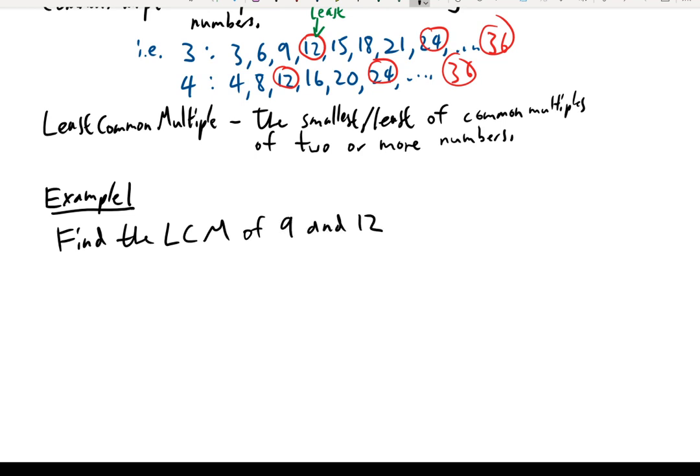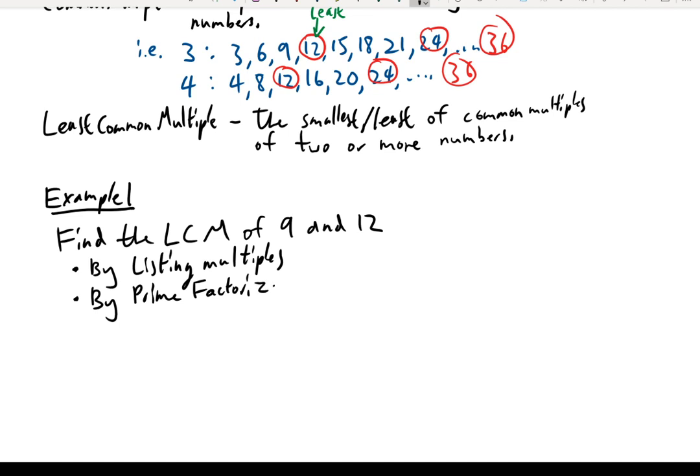Now there are 3 ways of doing this. The first way is by listing multiples. And the second way is by prime factorization. And the third way, which is also known as the quick way, is by ladder method.